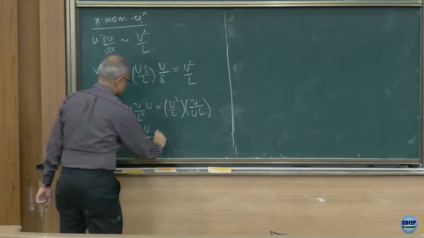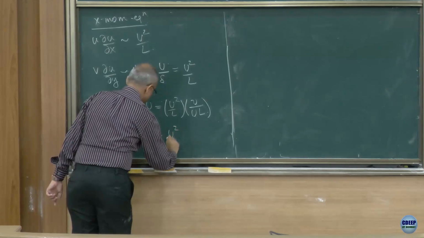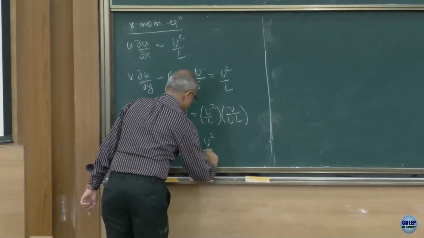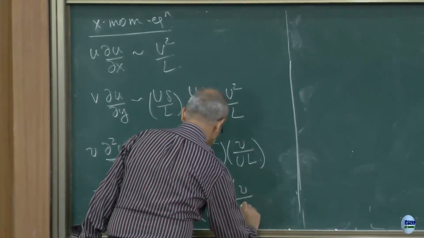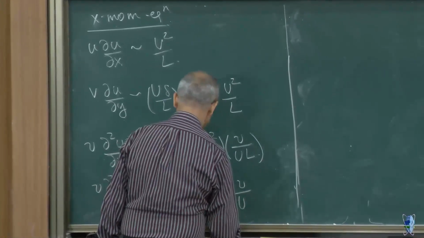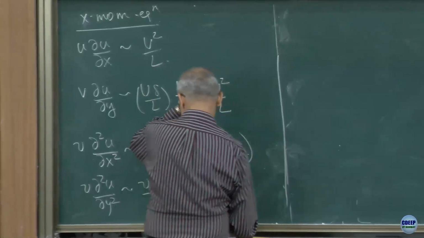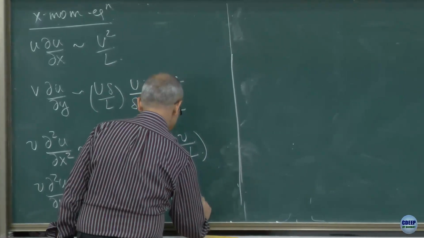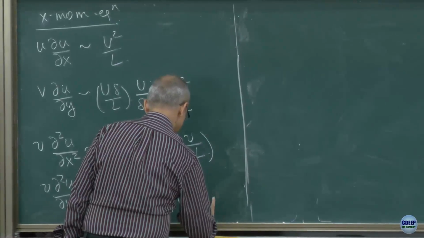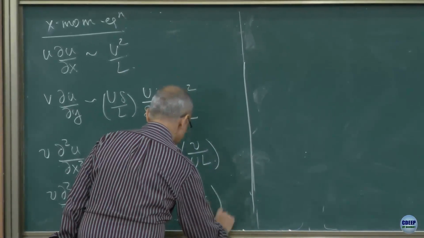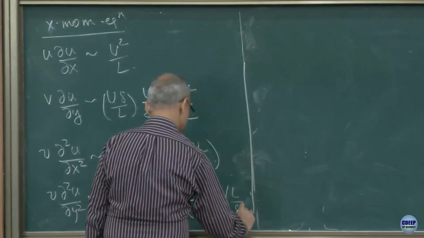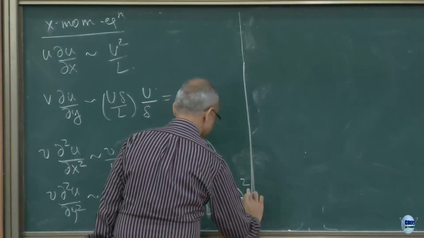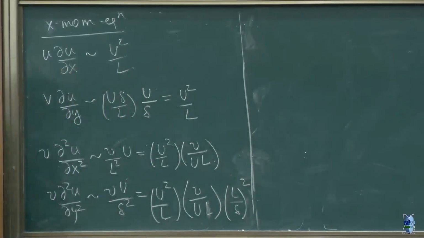And this becomes equal to U square upon L times nu upon UL times L square upon delta square.